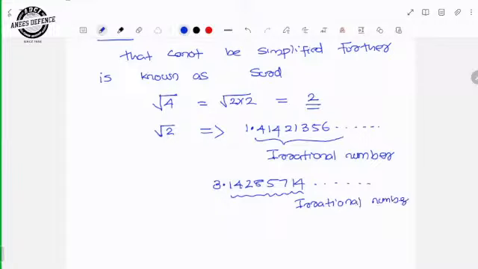But if you write like 3.141, 141, 141, 141, and it is getting repeated, here you know that the values are repeated. So this belongs to a rational number. If you observe surds, surds are always irrational.